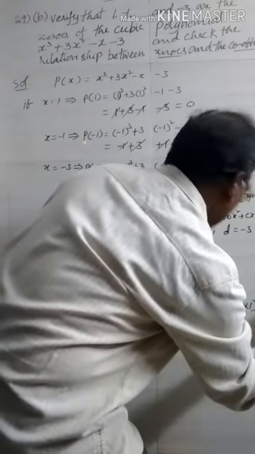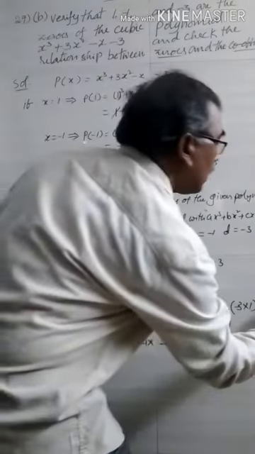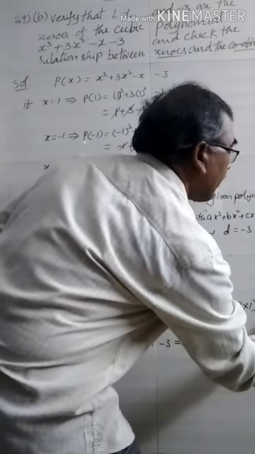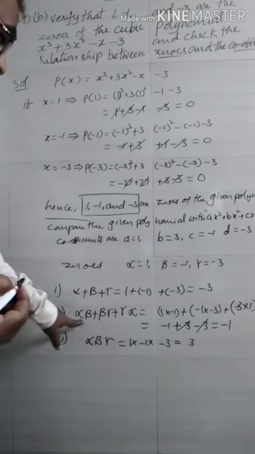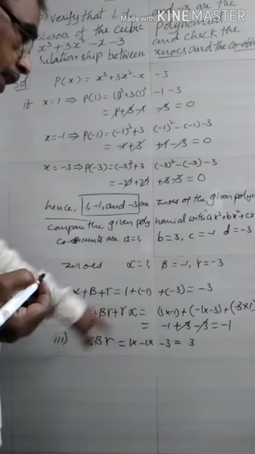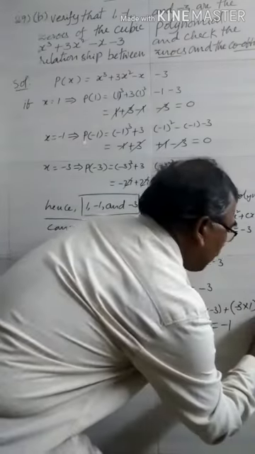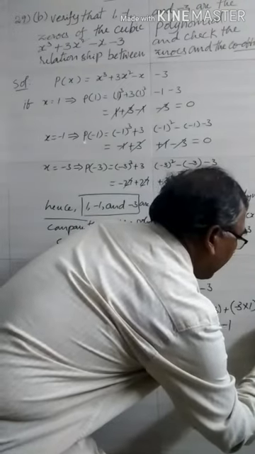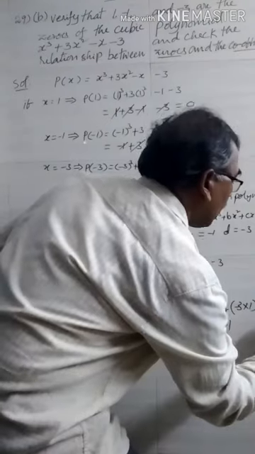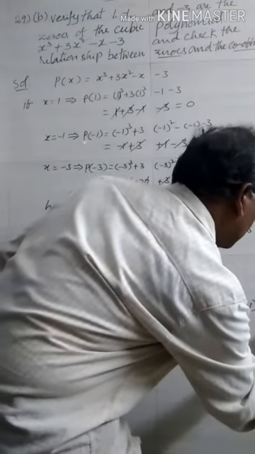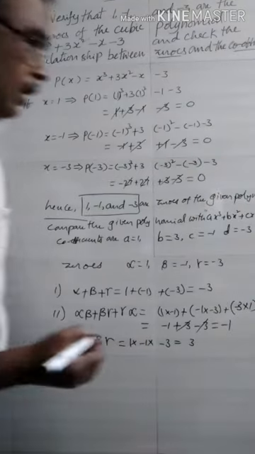Minus 3 by a is 1. That is -3. Then alpha beta plus beta gamma plus gamma alpha is equal to c by a. So you find c by a here. What is c? -1. What is a? 1. What you get? -1.